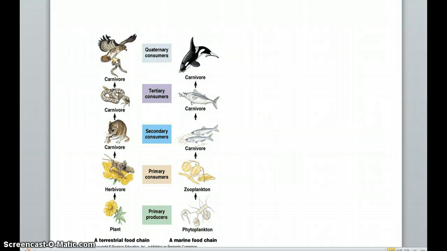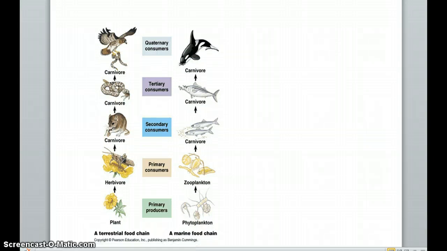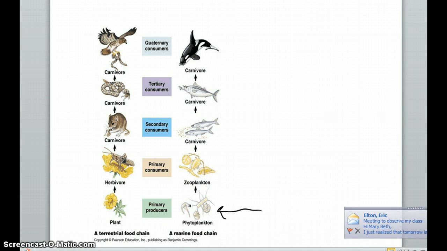So here are two food chains. One's terrestrial, meaning land, and the other is marine. And we see at the bottom we have our producers, and sometimes you'll see them referred to as primary producers. There really are no secondary producers. So plants on land and phytoplankton in the water. You have herbivores, which are plant eaters. So they are also known as primary consumers.